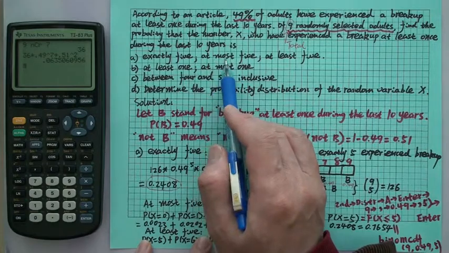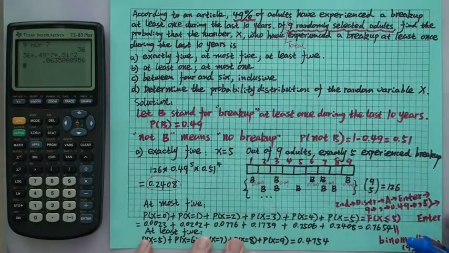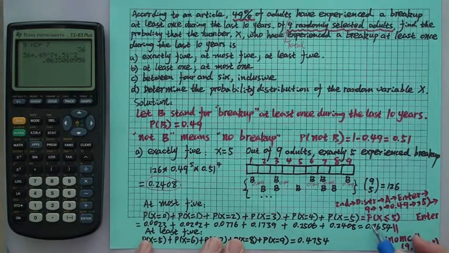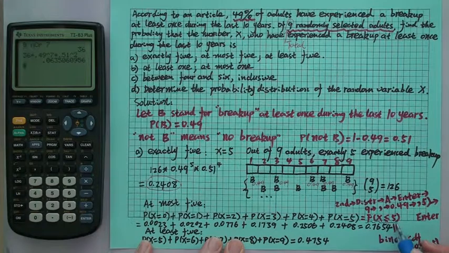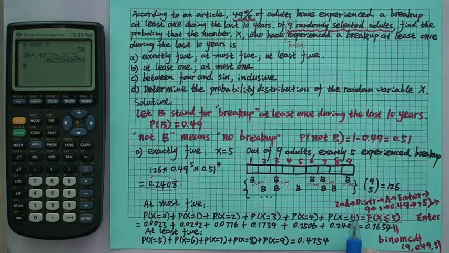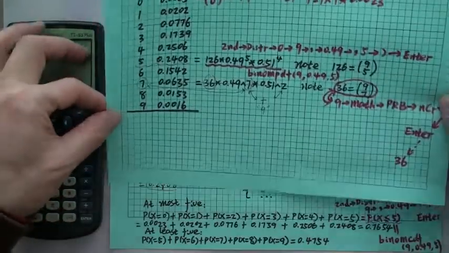There's at most 5. At most 5 is less than or equal to 5, that's x equals 0, 1, 2, 3, 4, 5. You add all the numbers together.